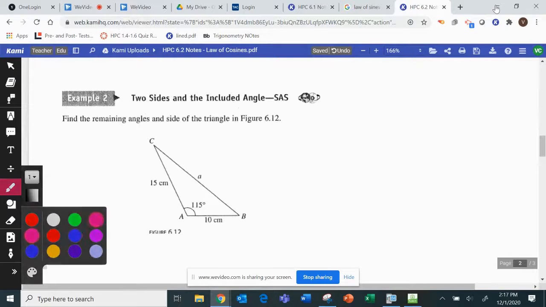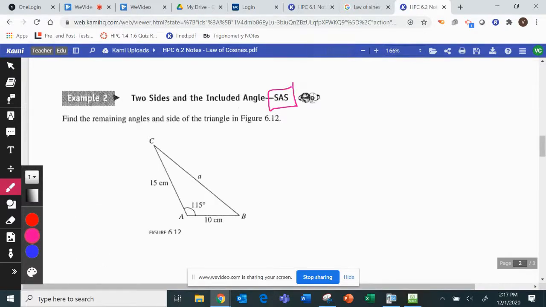Another example of law of cosines is if we have side angle side. So here we have side angle side. I need to find side A. That is across from the angle 115. When I use law of cosines, I need an angle and the side that is across from it.